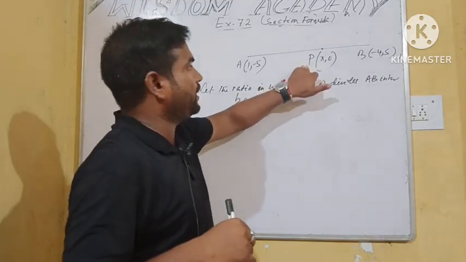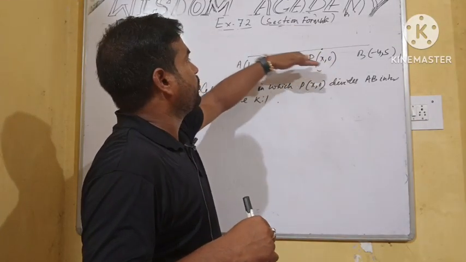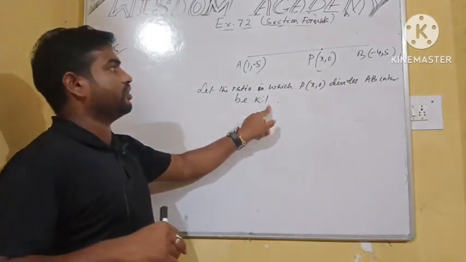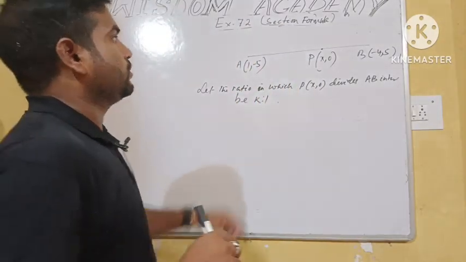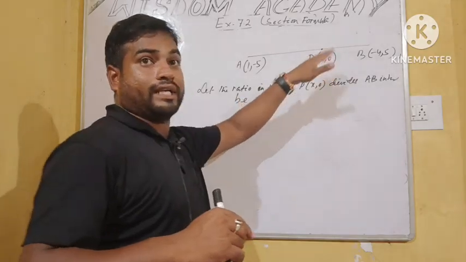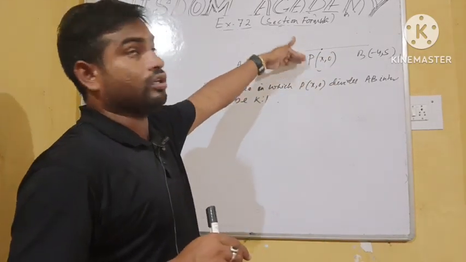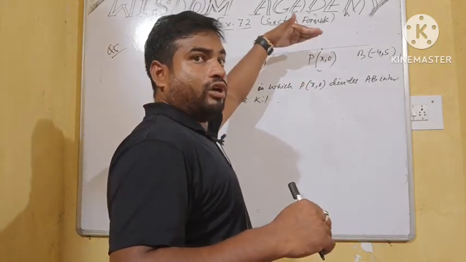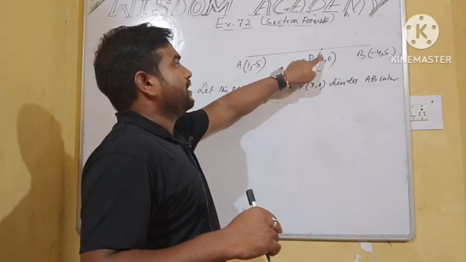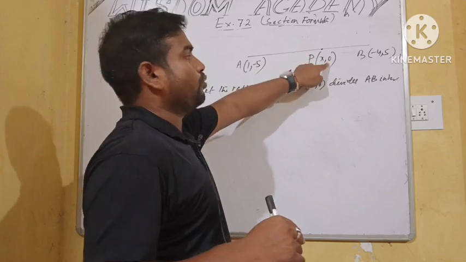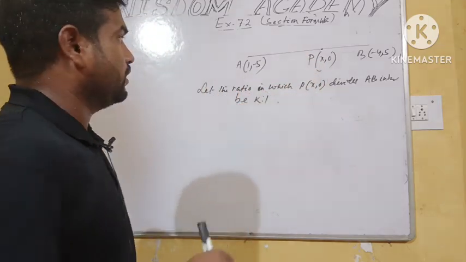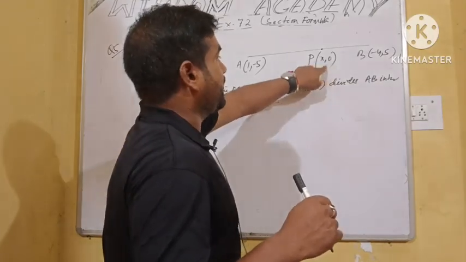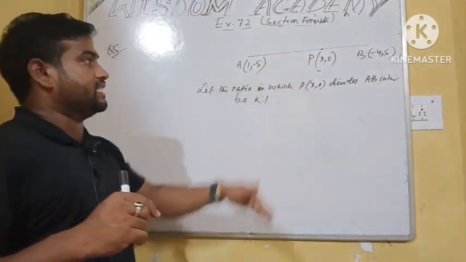Suppose P is the point of division which divides AB in the ratio of k is to 1. The y must be 0 on the x-axis, since P is on the x-axis. If it is divided on the x-axis, the y coordinate must be 0.